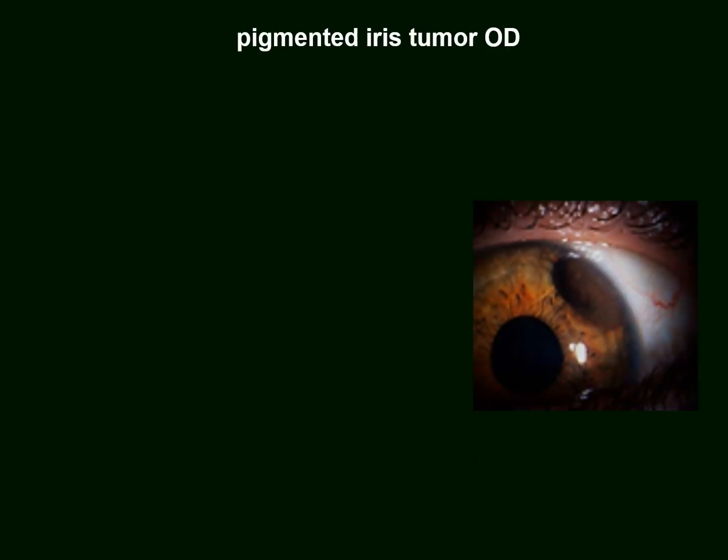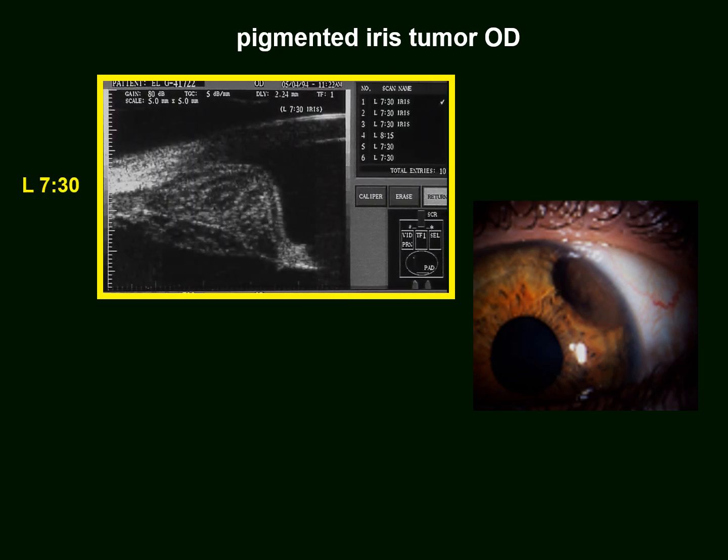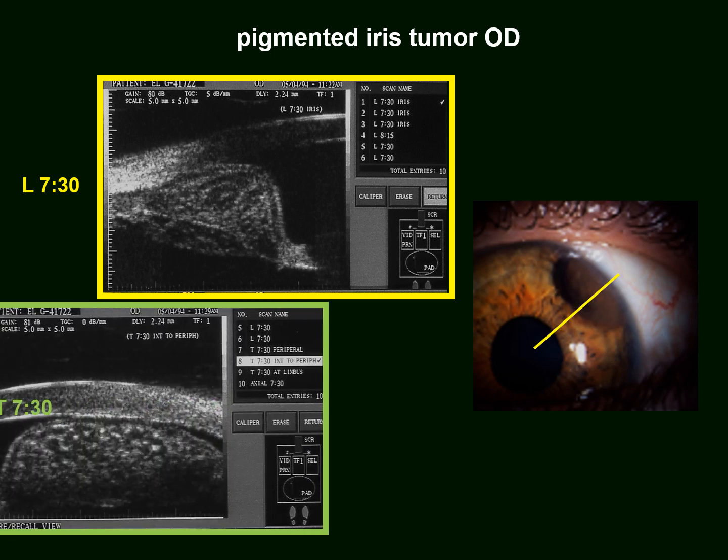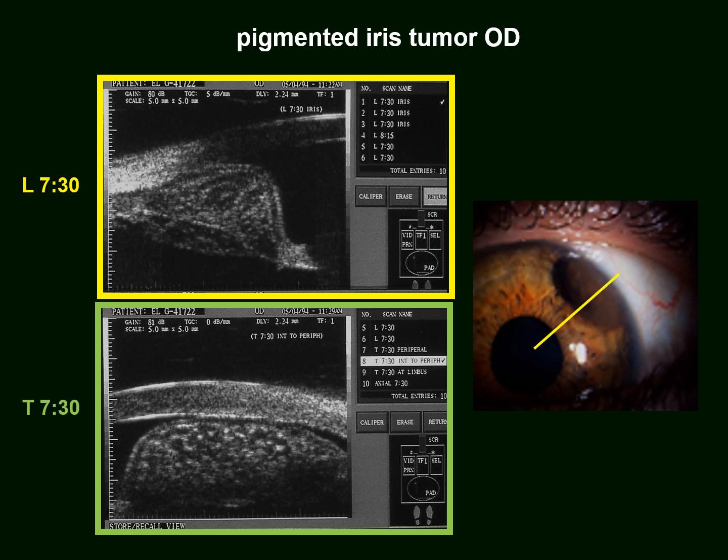But when we have a solid tumor, like here this pigmented iris tumor, there is a longitudinal section in this direction with the UBM, 50 MHz B-scan probe, with the transfer section.